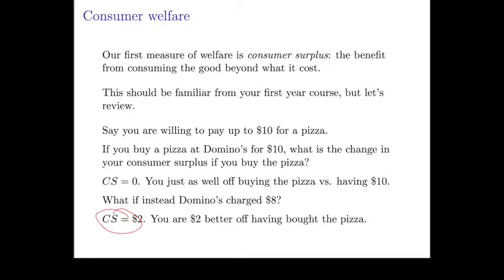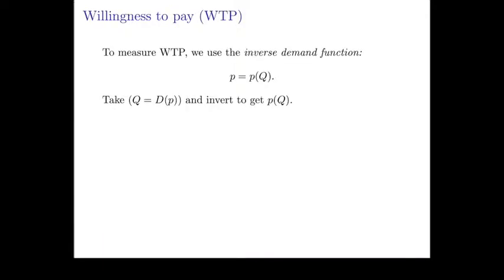What's really crucial here is this idea of your willingness to pay. Right? So what are you willing to pay for the goods that you received? So let's take a closer look at willingness to pay. In order to measure this willingness to pay, we use what's called the inverse demand function. Remember, demand, we typically write the quantity as a function of price.